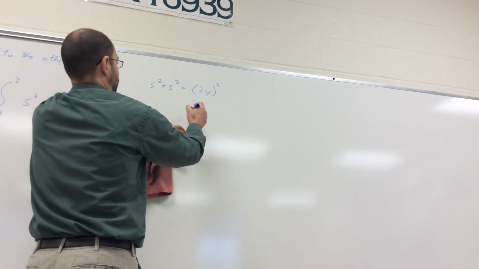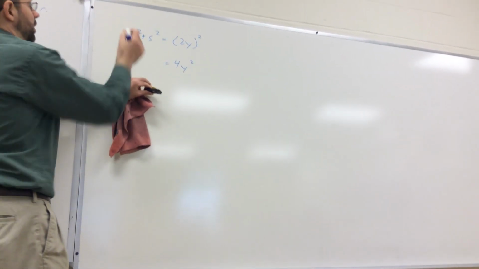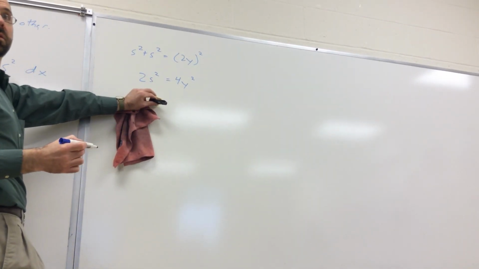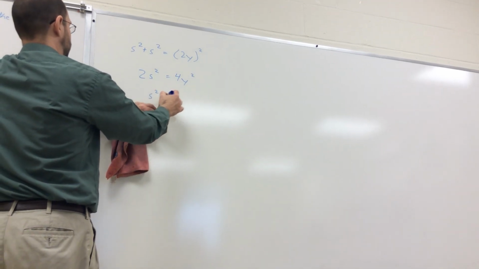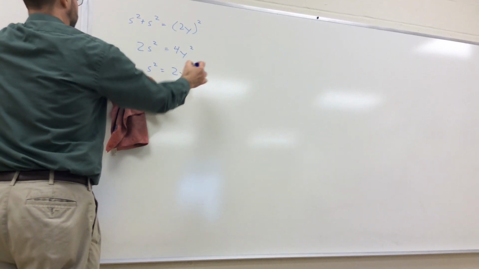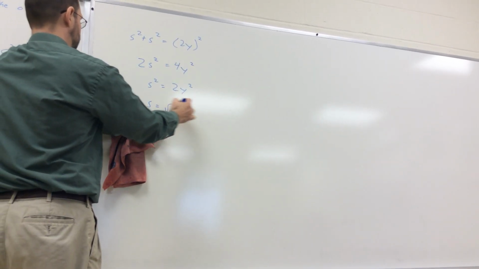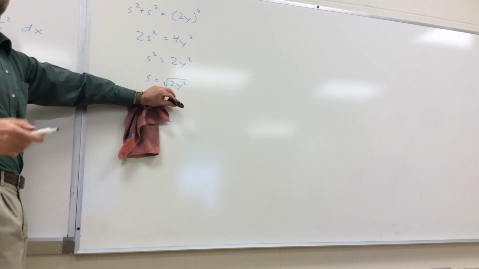So then squaring that, it would be 4y squared. S squared plus s squared is 2s squared. So s squared equals 2y squared. So s is the square root of 2y squared.